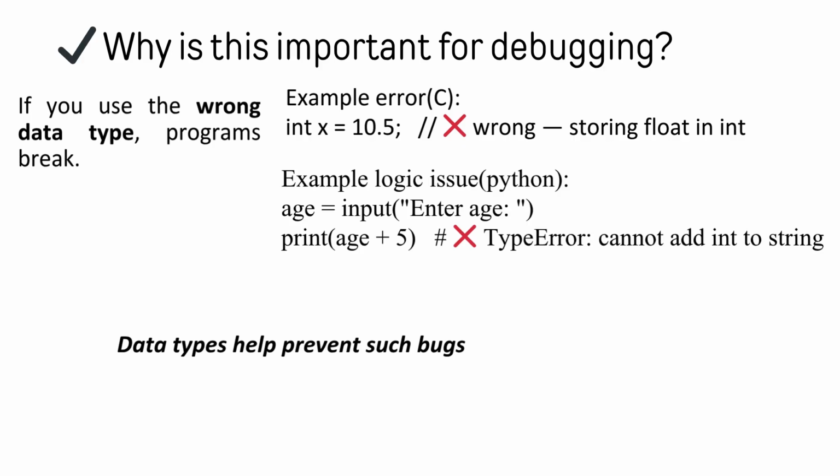Here in the first line, enter age is actually a string constant, and a string constant never completes an addition with the integer constant 5. So data types help prevent such bugs. Before writing a program, we should take care of this kind of bugs.